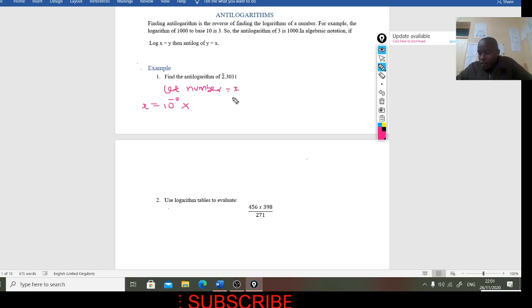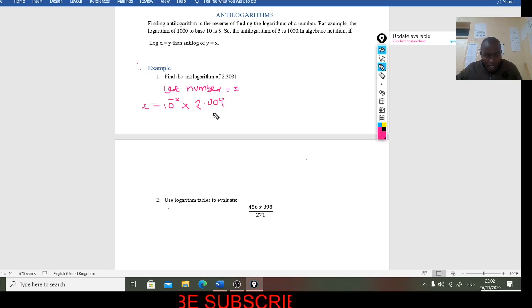If you use a calculator, you'll find it to be 2.01. But if you use your mathematical table, you'll find it to be 2.009. But by using a calculator, you'll find it 2.0095. So that means the 5 changes this 9 to be 10, and then carry: 10 is 0, carry 1. You'll find it to be 2.010.